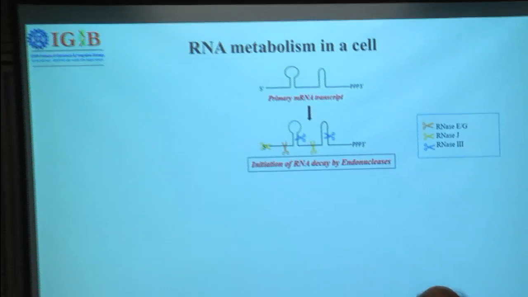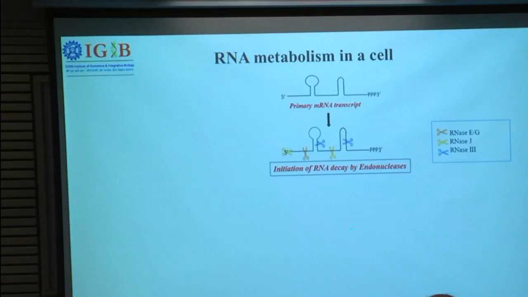So, coming to RNA metabolism in a cell. RNA metabolism involves synthesis and the degradation of RNA molecules to maintain the nucleotide pool of a cell. When we look into the degradation of mRNA, it involves the role of ribonucleases. There are 2 types of ribonucleases, endoribonucleases and exoribonucleases.